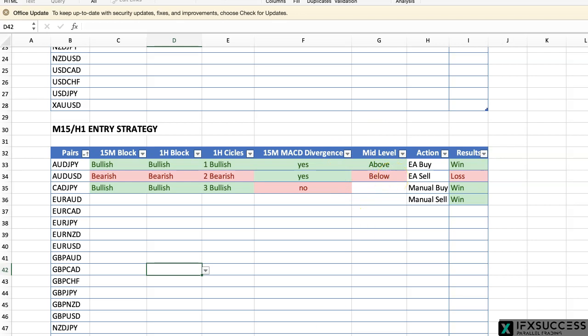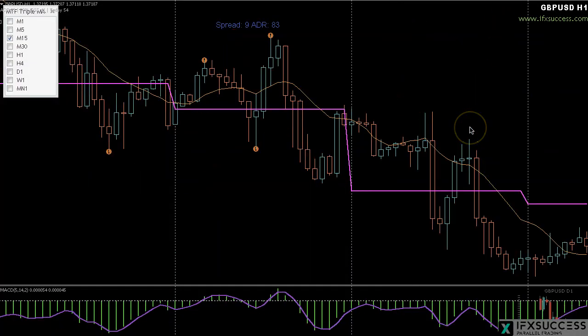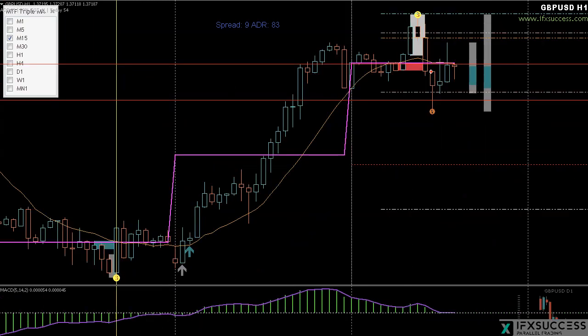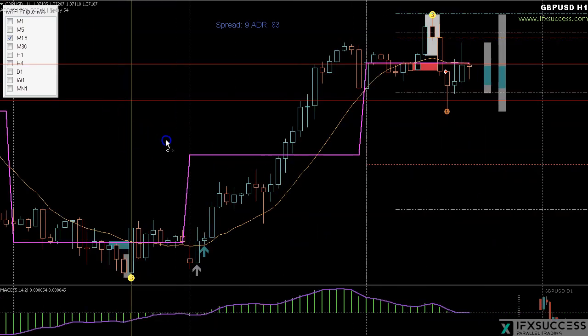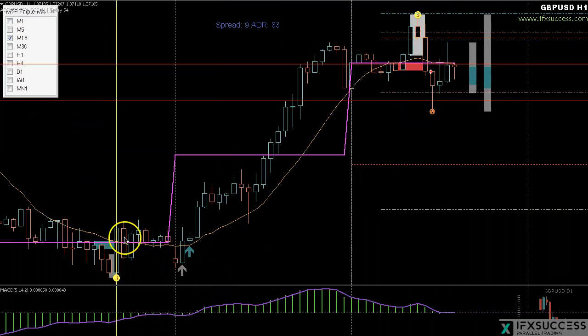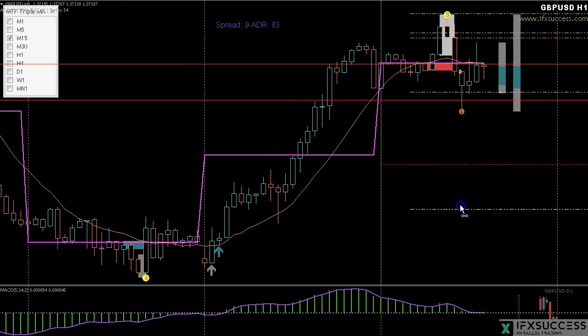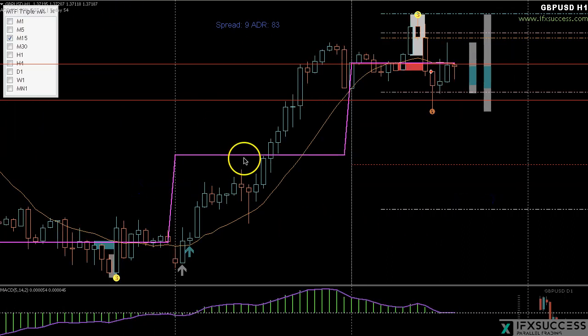So one example would be, now let's go down to 1 hour, and let's go a little bit more back in here. If I have a 1 hour block in here, I'm not going to enter right away on 15 minutes. I'm going to wait for the next day, right?